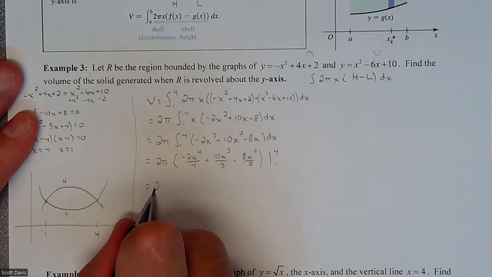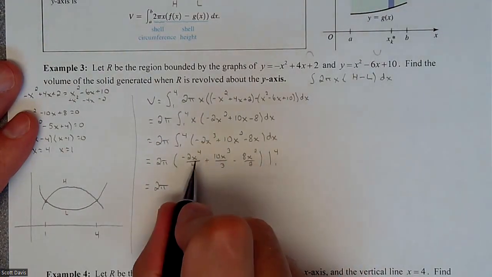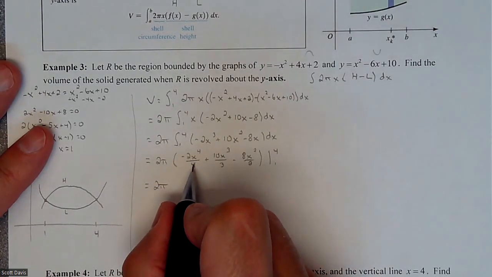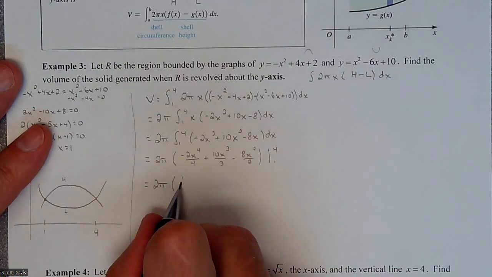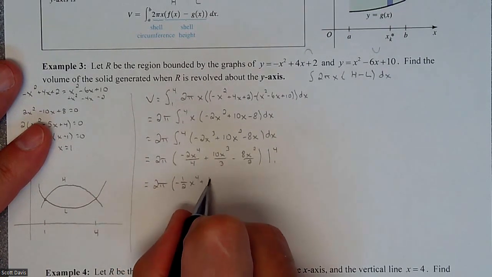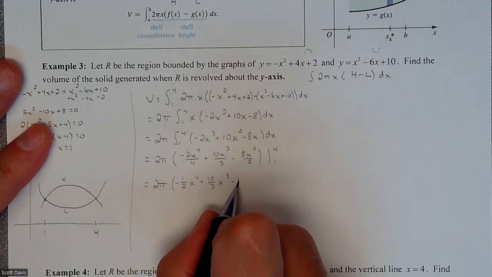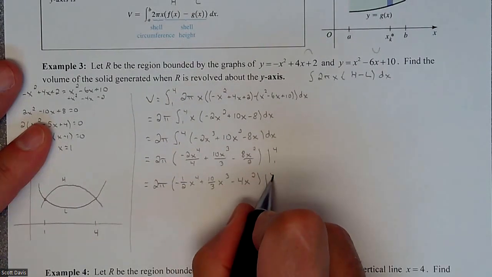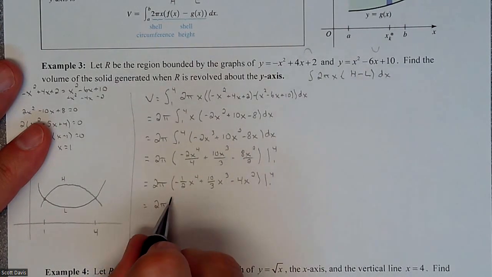All right, so if we plug in, we're going to take a 4 to the fourth power, and then this thing simplifies as well. So let's simplify it first before we plug some stuff in. So this is looking at a negative 1/2 x to the fourth plus a 10/3 x to the third minus 4x squared from 1 to 4.